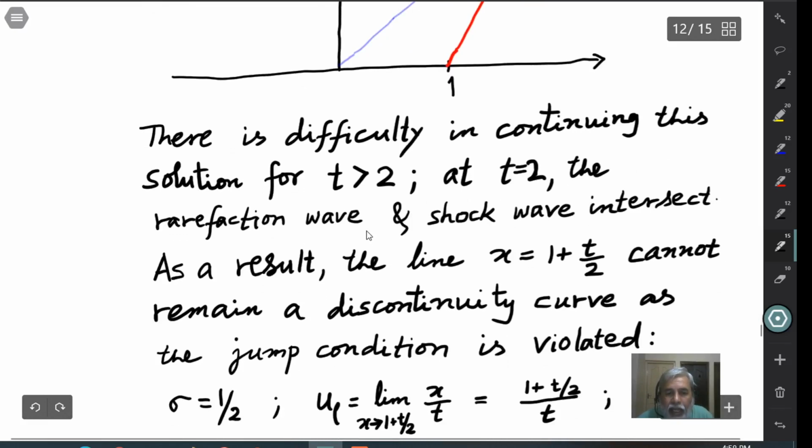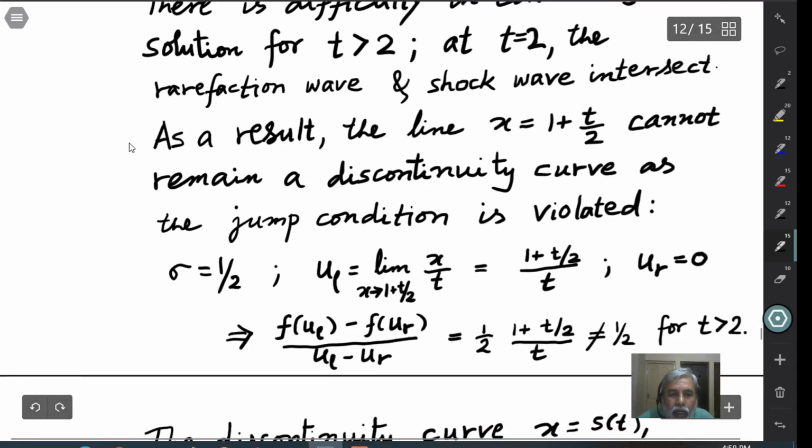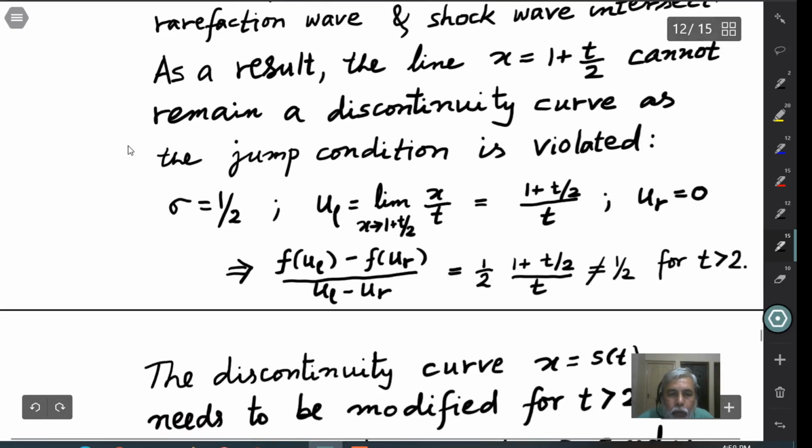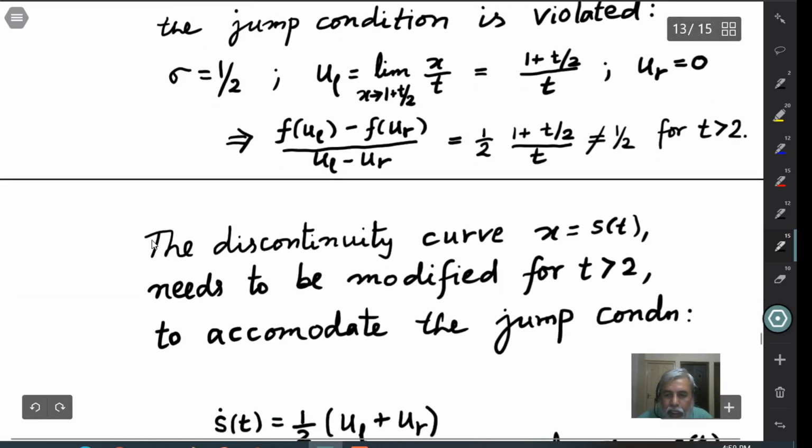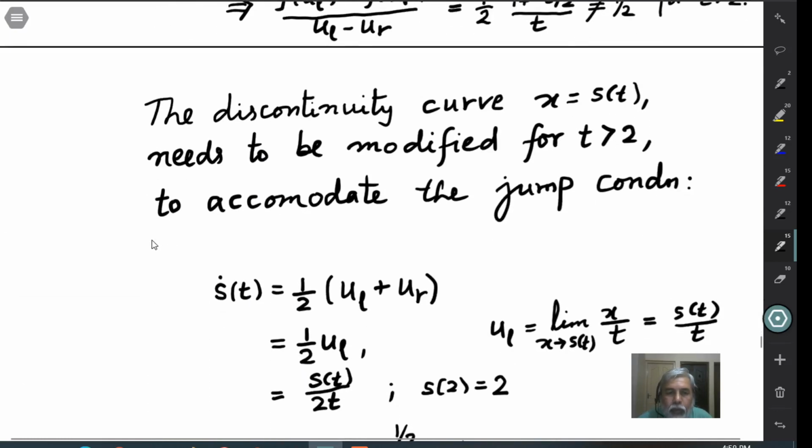And again the jump condition is our guiding principle, so we'll try to find what should be the speed of that discontinuity curve beyond t equal to 2. So we have to now find that curve x equal to s(t), which will accommodate the jump condition.